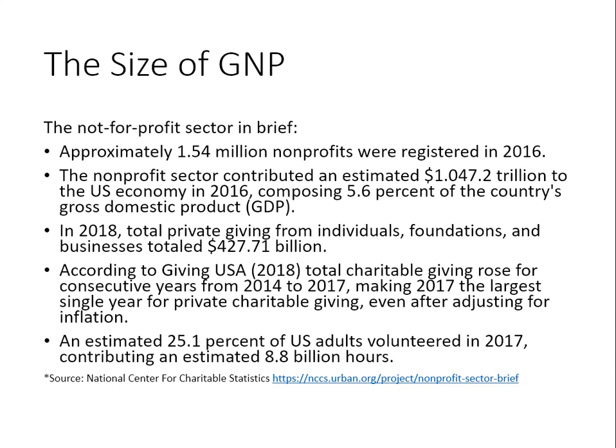According to the Giving USA 2018 survey, total charitable giving rose for consecutive years from 2014 to 2017, making 2017 the largest single year for private charitable giving, even after adjusting for inflation. An estimated 21% of U.S. adults volunteered in 2017, contributing an estimated 8.8 billion hours, not dollars, hours.